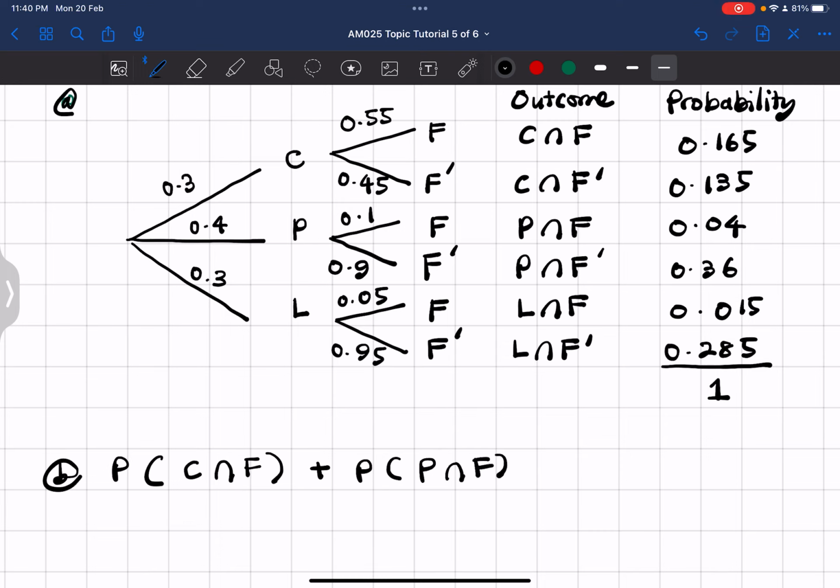Okay, so where is our probability? This one, 0.165, and 0.04. So we're going to use plus for the word or just now.